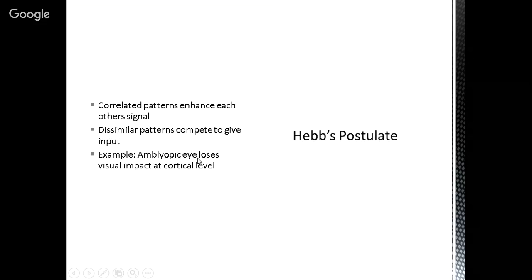An example of this is amblyopic eye loss. Basically, if the vision from the two eyes is not in sync due to one eye having some differential muscular alignment, then eventually the brain will limit the input from that eye, and the eye may have limited or no input at all in some individuals after, I think it was a couple of years.